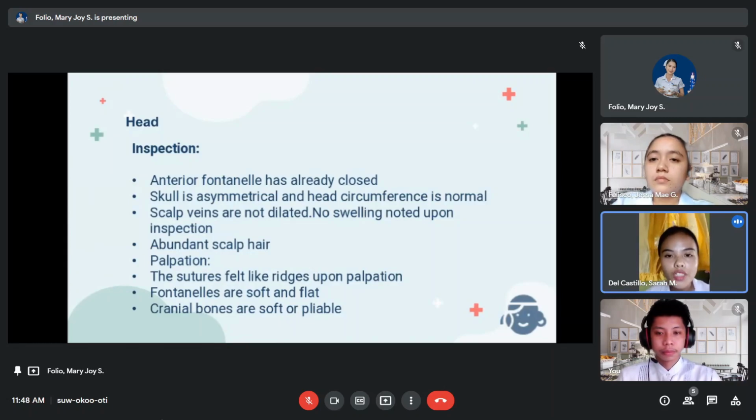Skull is asymmetrical and head circumference is normal. Scalp veins are not dilated. No swelling noted upon inspection. Abundant scalp hair. Upon palpation, the sutures felt like ridges. Fontanelles are soft and flat. Cranial bones are soft or pliable.